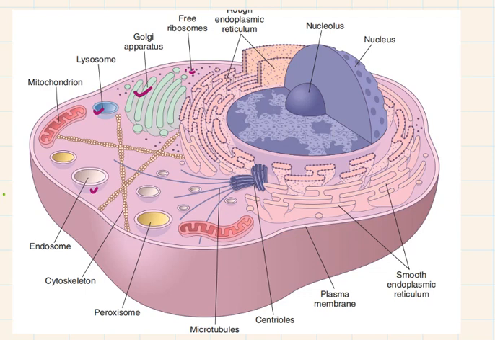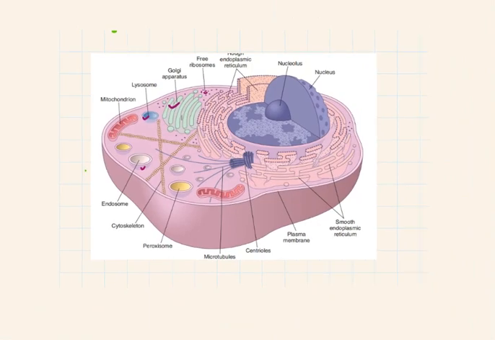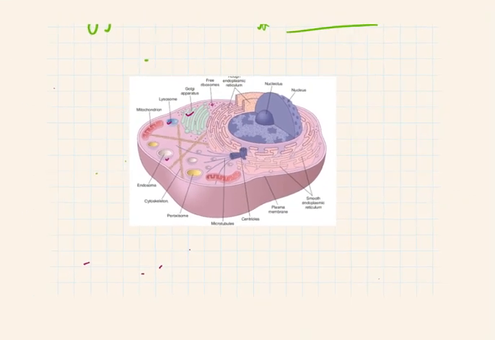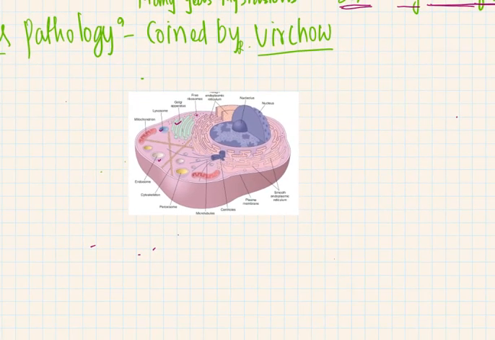These are the main things from our cellular level. Okay guys, so cellular pathology, what is cellular pathology? Cellular pathology is the pathological study we do at a cellular level.